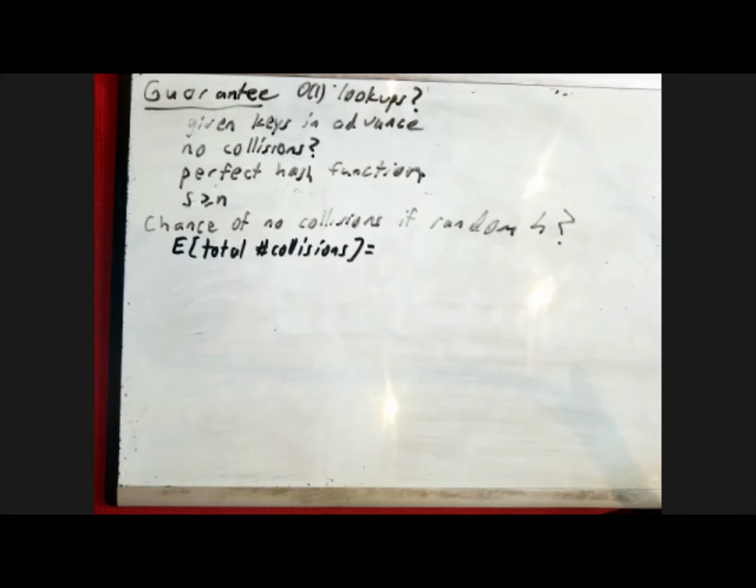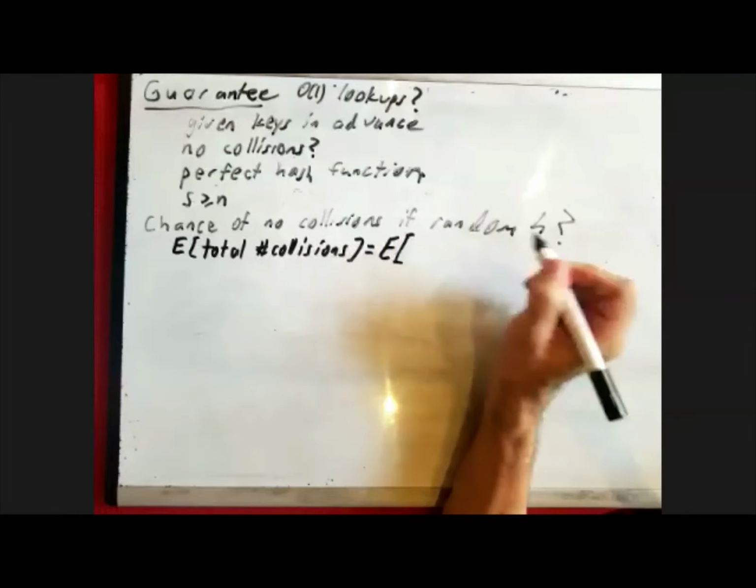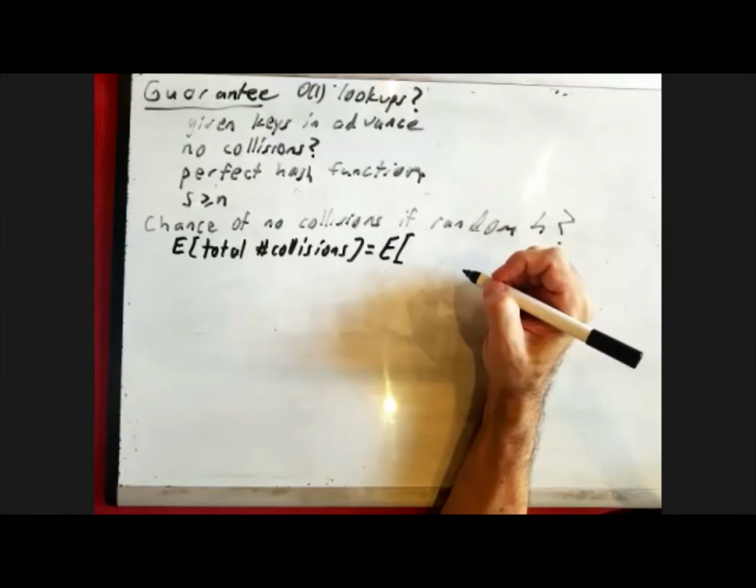Just a double sum. Exactly. A double sum of what? Of the probability of i equals j times the indicator.